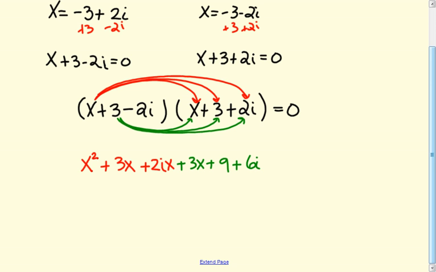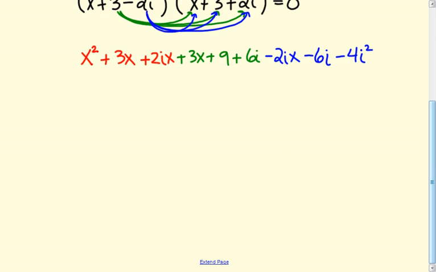All right, moving on. Distribute the negative 2i through. Negative 2i times x is negative 2ix. Negative 2i times 3 is negative 6i. Negative 2i times positive 2i is negative 4i squared. All right, so we are going to combine some like terms here again.